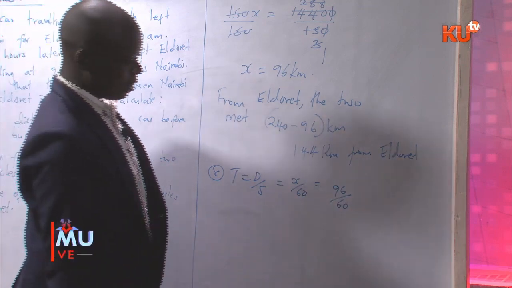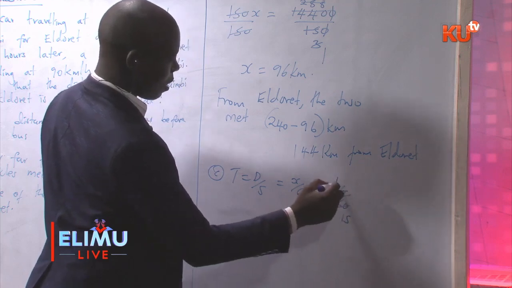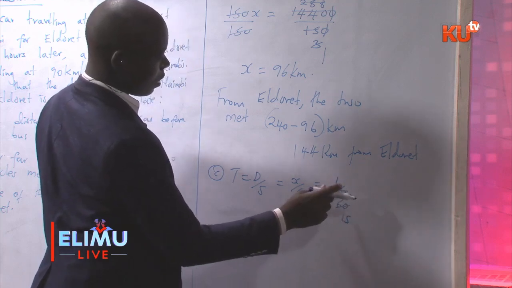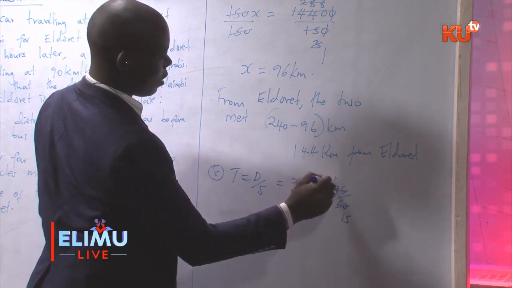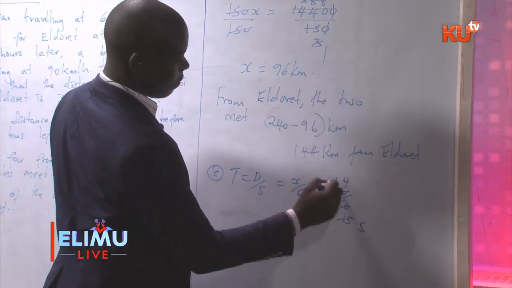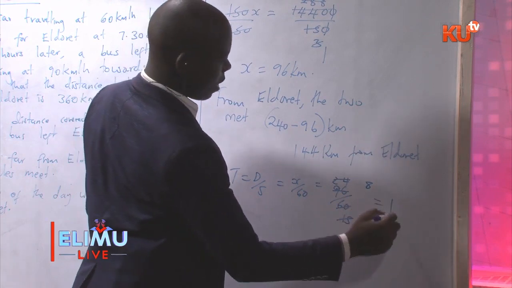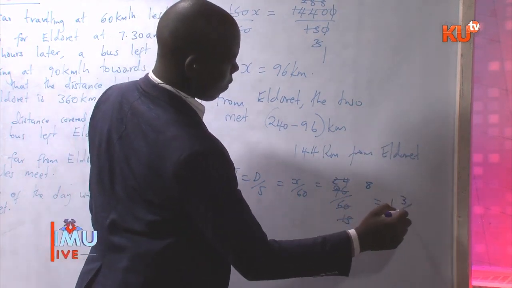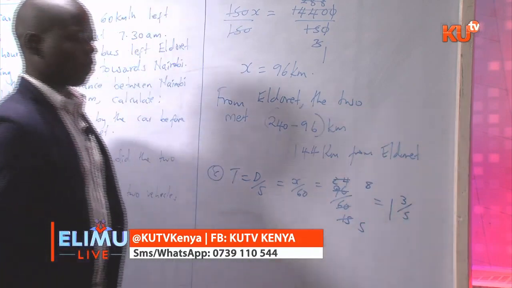If we simplify this by 4, 4 into 96 is 24, and 4 into 60 is 15, then dividing by 3, 3 into 24 is 8, and 3 into 15 is 5. So this is 8 over 5, which is 1 and 3 over 5.